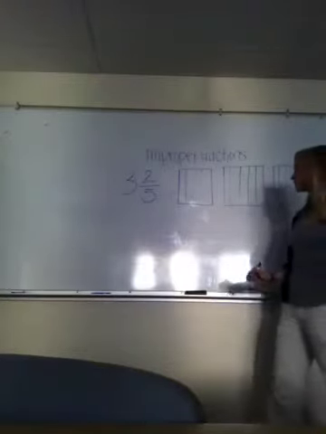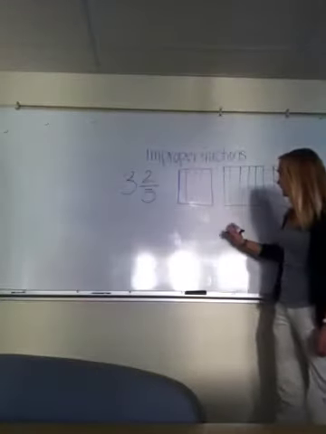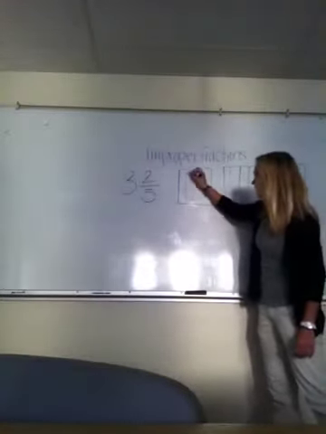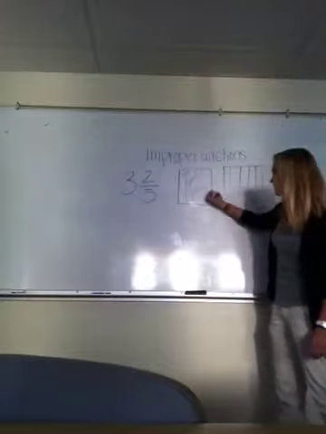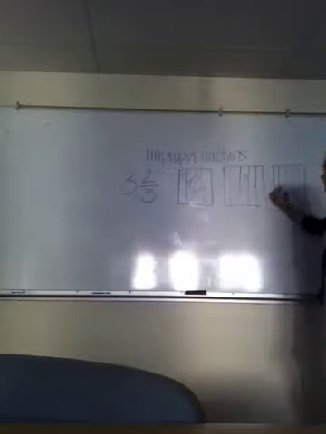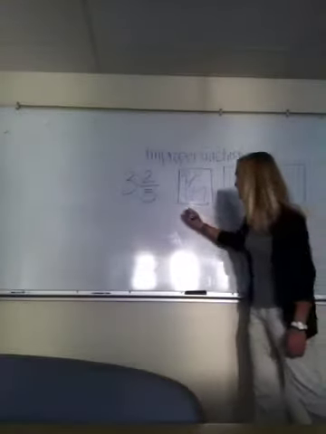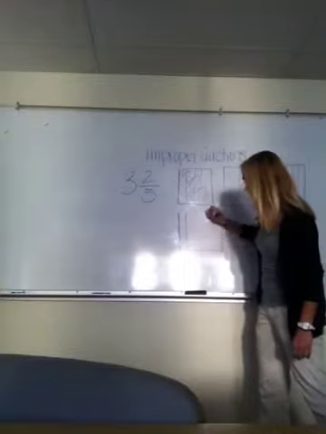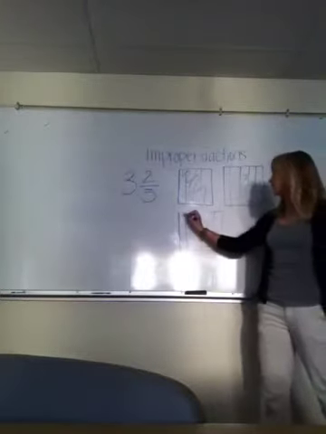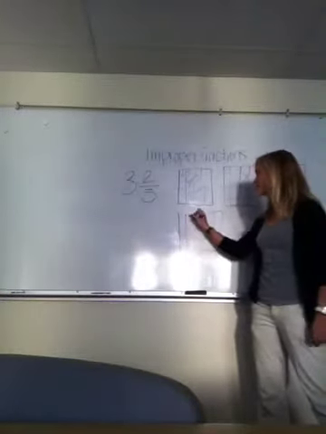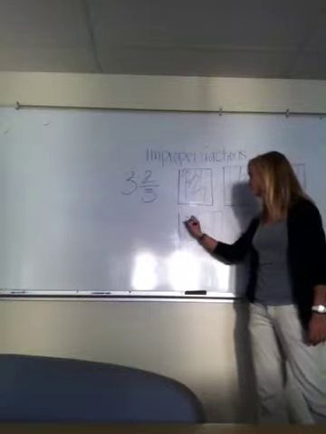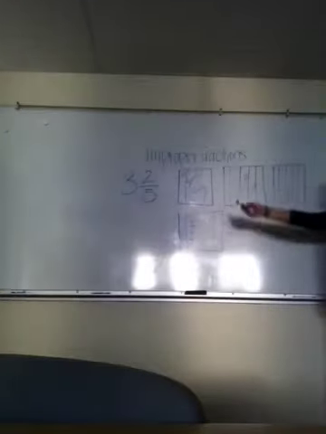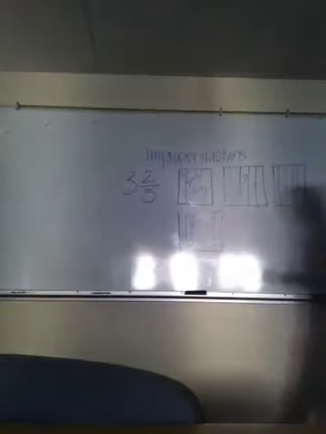Awesome. So we have our 1, 2, and 3, right? Oops, we need another square for our 2/5. So we get 1 here and 1 here. Awesome. So we have our 3 wholes and our 2/5 here.